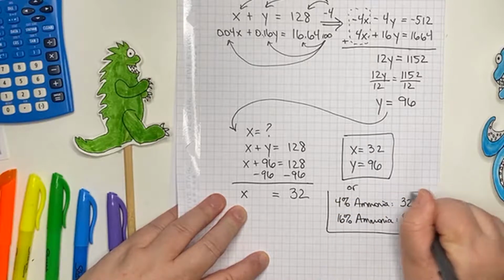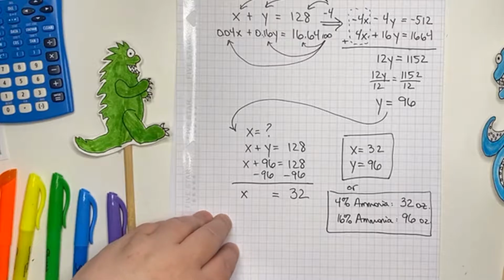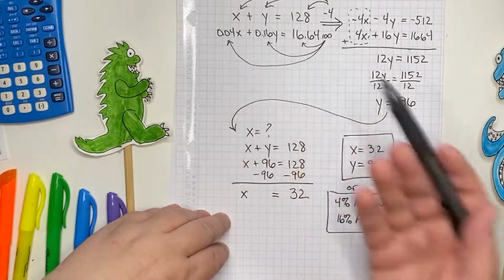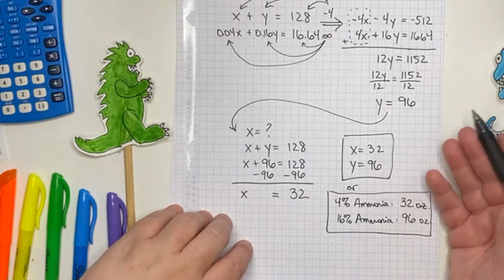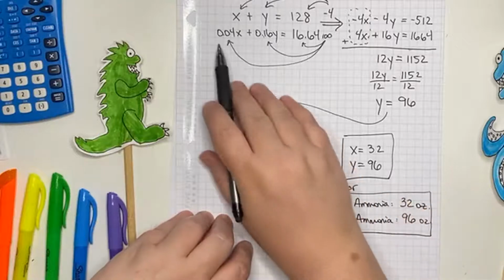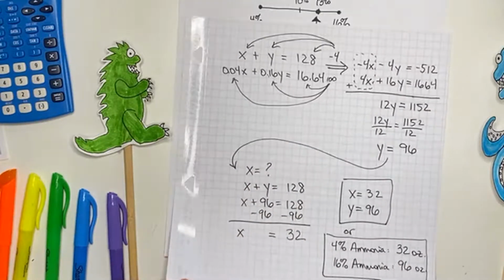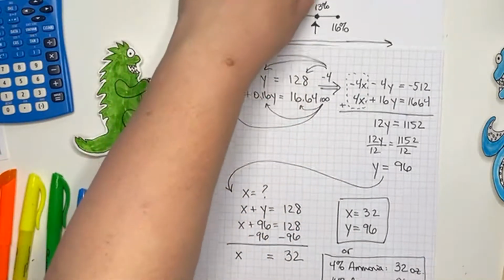Now I hear you all saying, but how do we check it? Well, you could plug these back into the equations and make sure they work. For example, 96 plus 32 does equal 128. But what I like to do is double check right here.